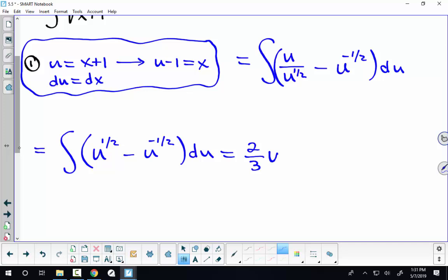So we've got 2/3 u to the 3/2, or u to the 3/2 divided by 3/2, minus 2u to the 1/2, or u to the positive 1/2 divided by 1/2.